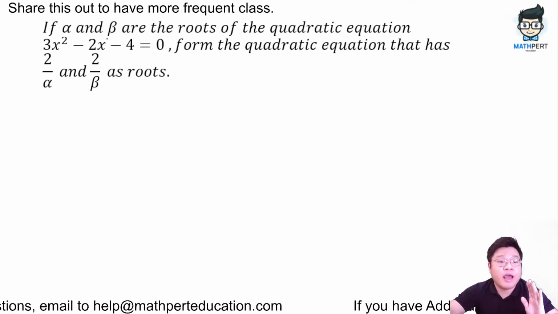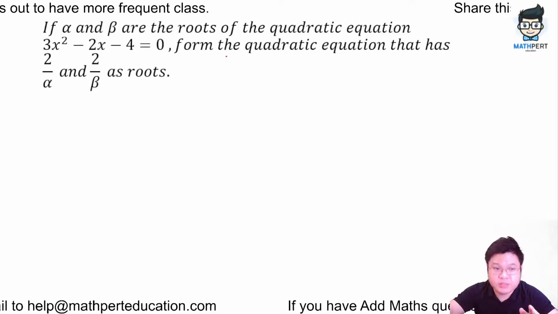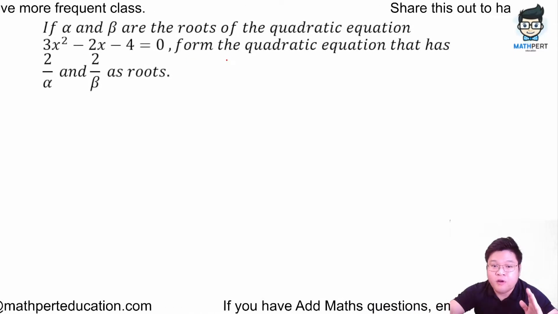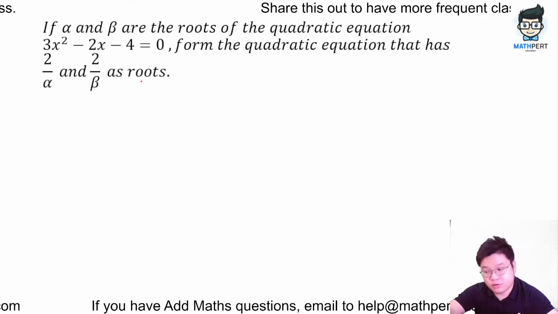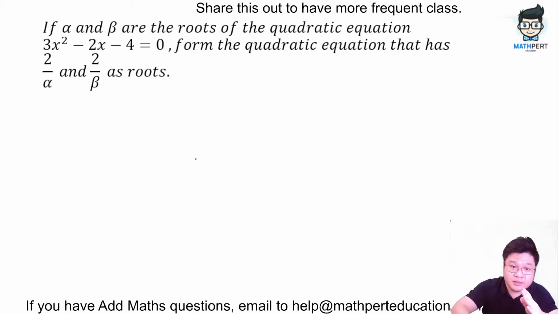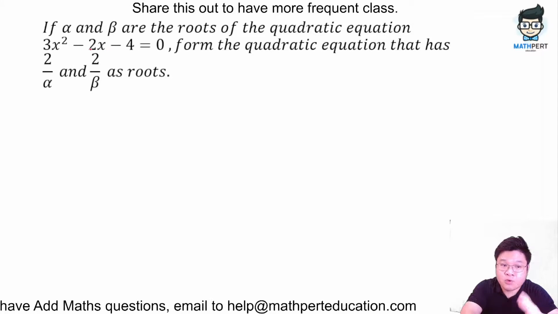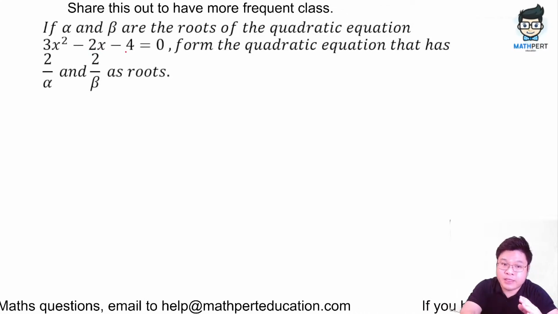If alpha, beta are the roots for this quadratic equation, form the quadratic equation that has these as roots. So how do we form this? First, 3x squared minus 2x minus 4 equals 0.